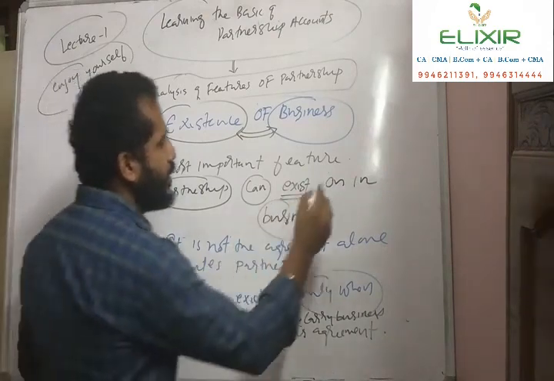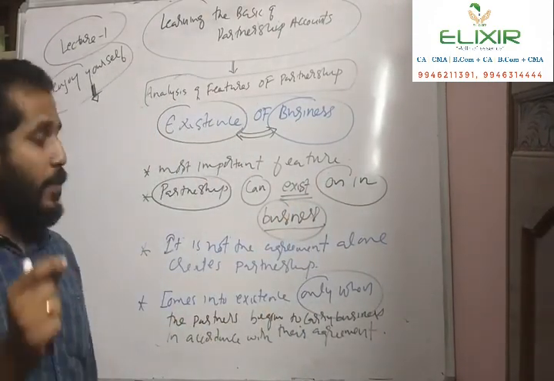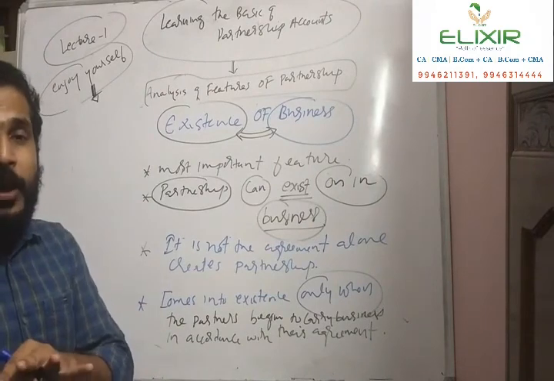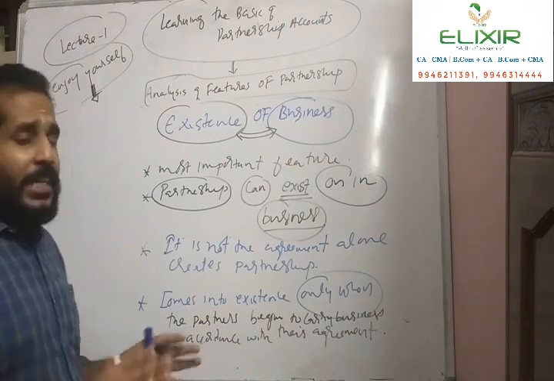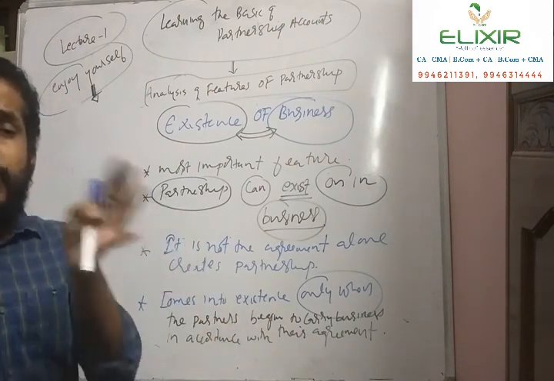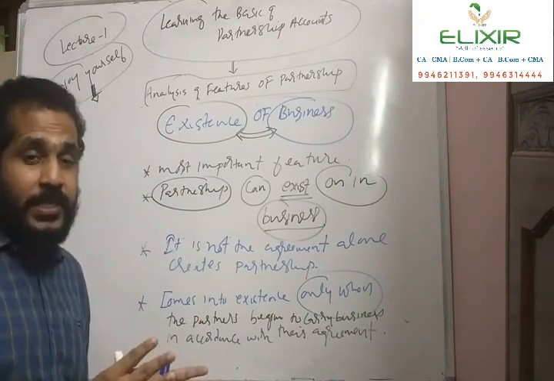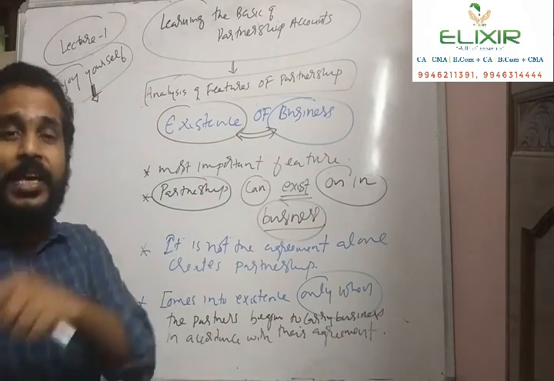That means if there is business, there is the concept of partnership. We already discussed the agreement part. An agreement will constitute a partnership business, but the existence of partnership depends upon the decision of the partners to carry out the business.